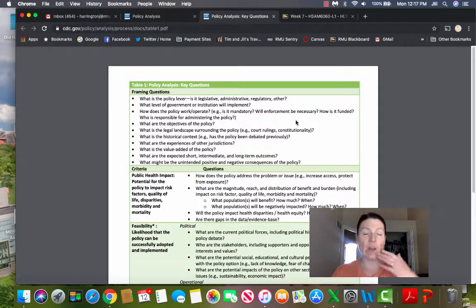So let's say new regulations come out from the Centers for Medicare and Medicaid Services with regard to a specific quality measure, and you are going in and looking through data, checking through your records to get information to implement this policy regarding this quality measure. What's important is you need to know who's responsible for enforcing this.